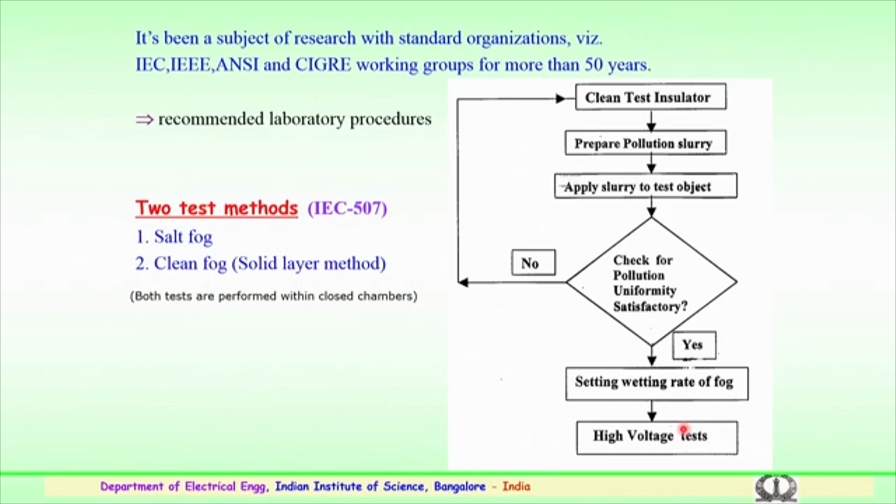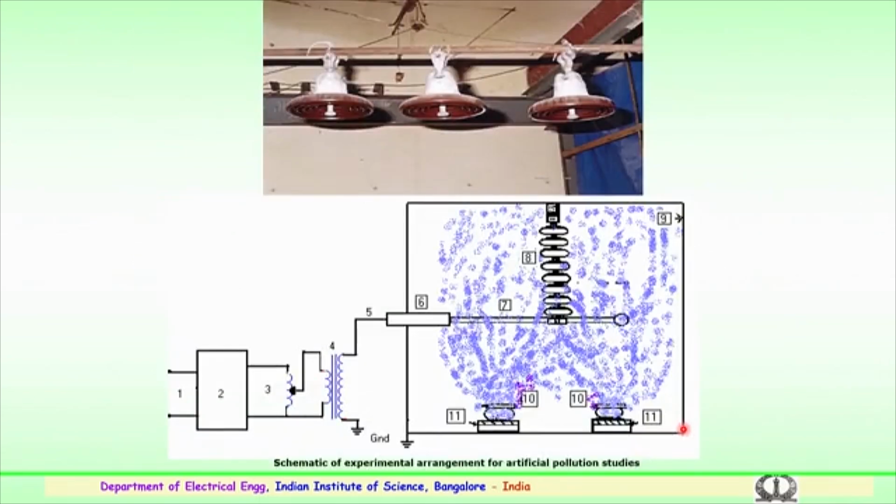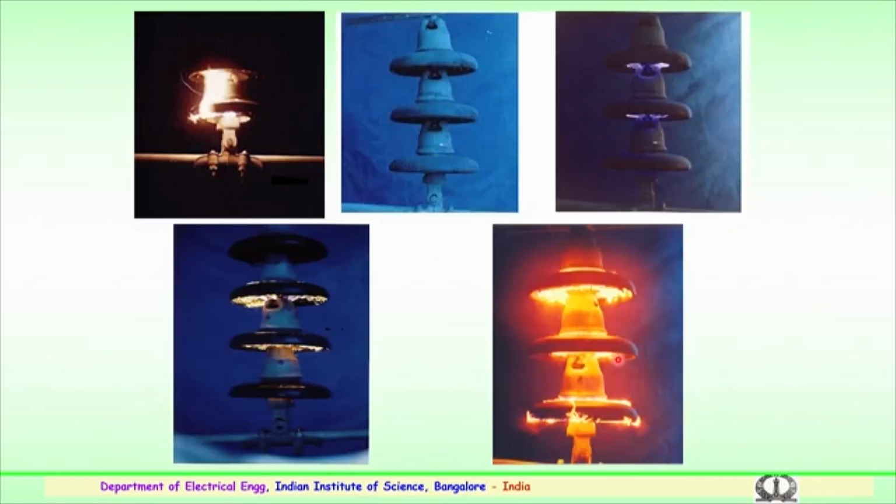So, this is the flow chart which describes the method adopted for laboratory conditions. In these procedures the insulators are dried for a period of time. The experiments are conducted with either steam fog or cold fog conditions.